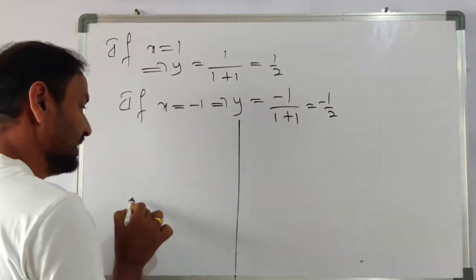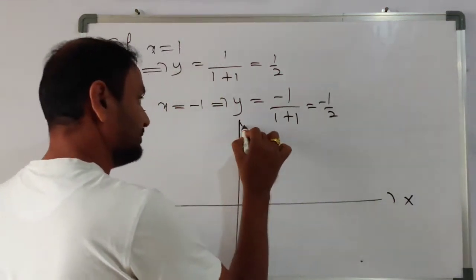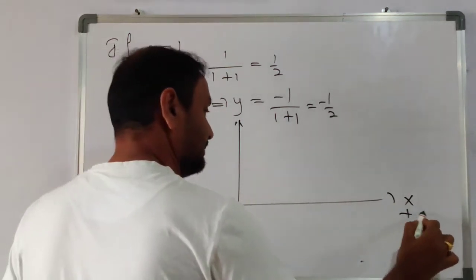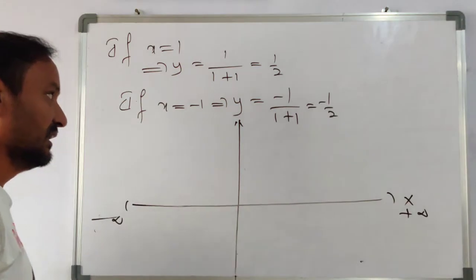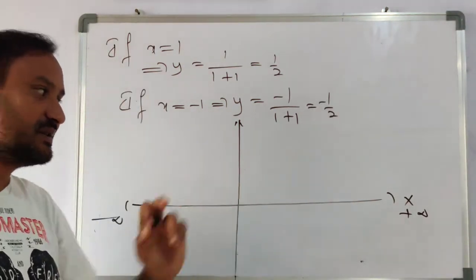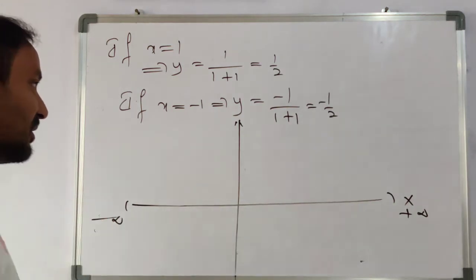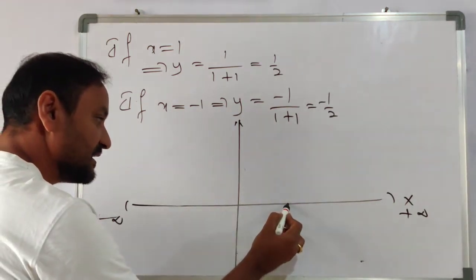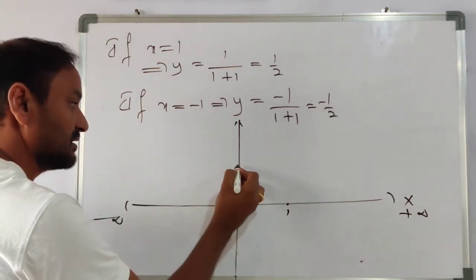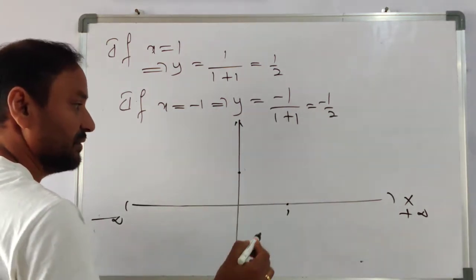So this is minus infinity, plus infinity. When x tends to plus or minus infinity, y is reaching 0. And suppose this is x equal to 1. At x equal to 1, y is equal to 1 by 2. Suppose I am taking this as 1 by 2.